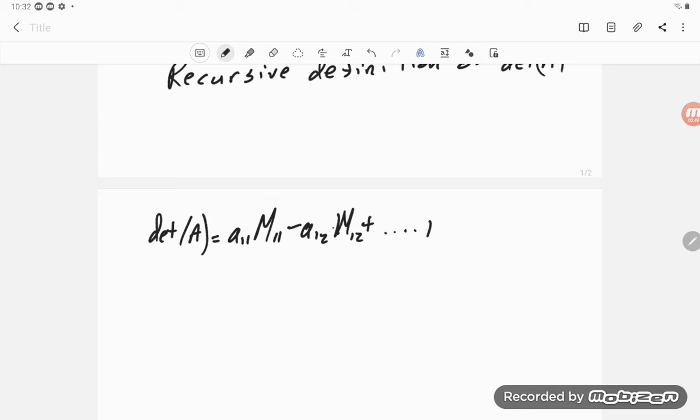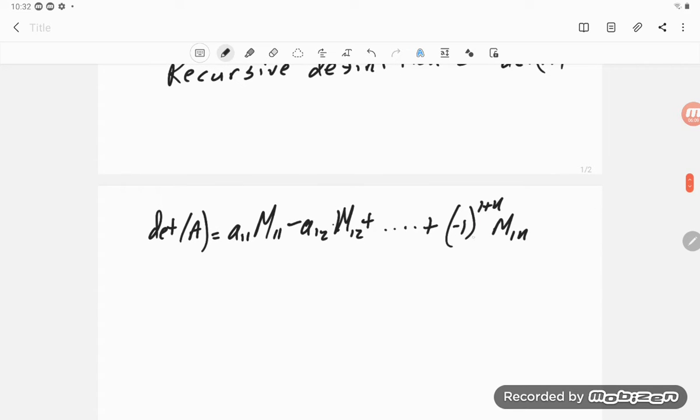And then at the end, we need to toss in a negative 1 to the 1 plus n, and that's M1n. Okay, so that's a determinant.